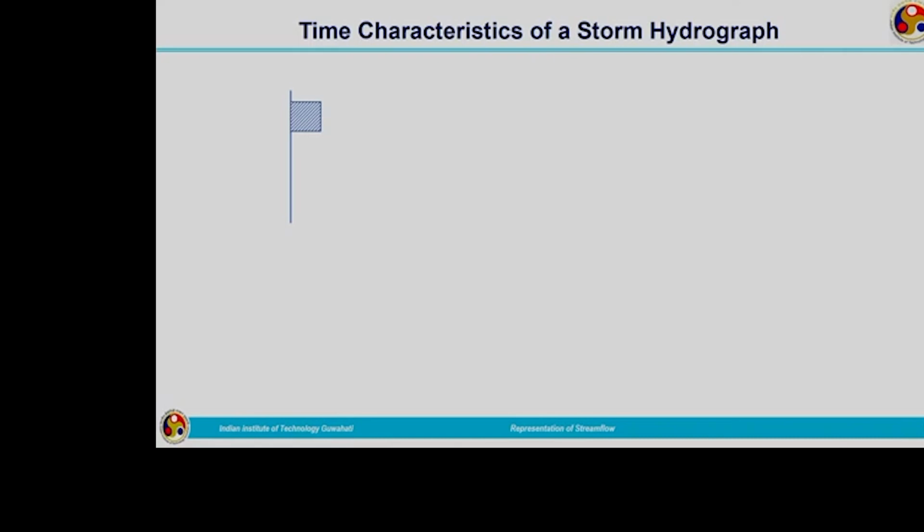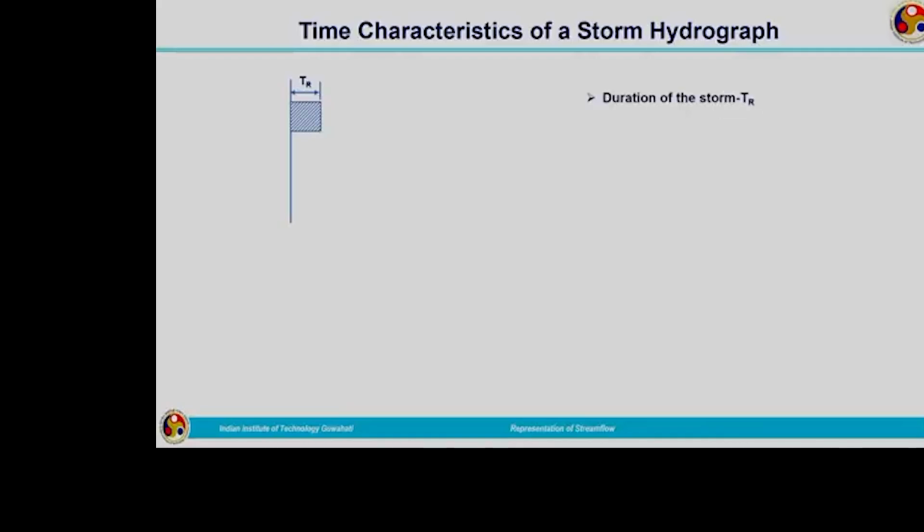A simple event which has a uniform magnitude is shown here. This represents a rainfall hyetograph having a duration of TR. Because of this rainfall of duration TR, there will be a runoff at the outlet. That can be obtained by stream flow measurement and plotted as a storm hydrograph.